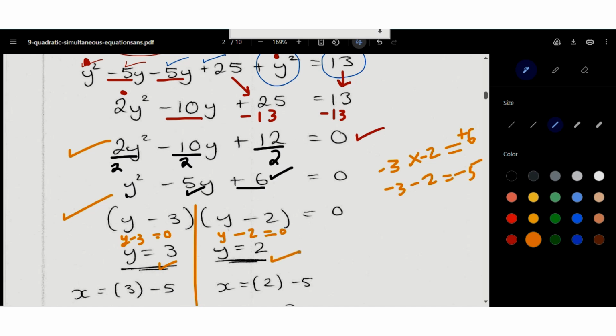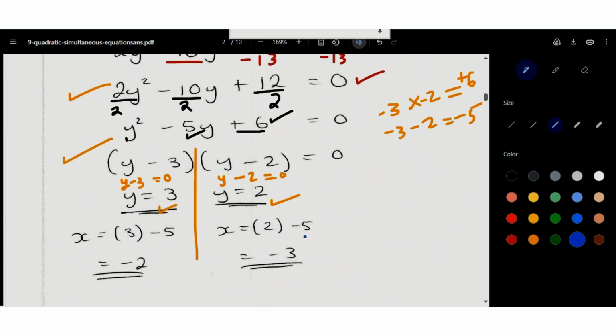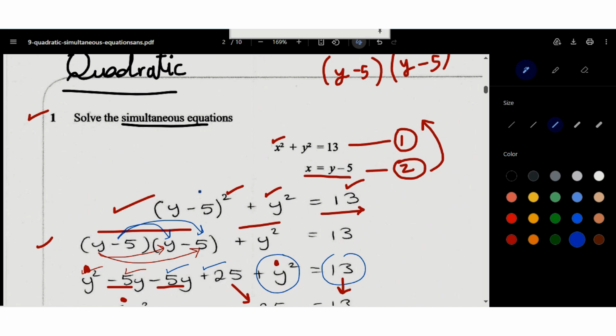I get my y values, but obviously I have to find the solution for x as well. So what I do, I have my y values. This is my equation. You can use any equation. It's not compulsory to use the first equation or the second equation. But we just choose the easy path. I prefer the second equation because that's easy.